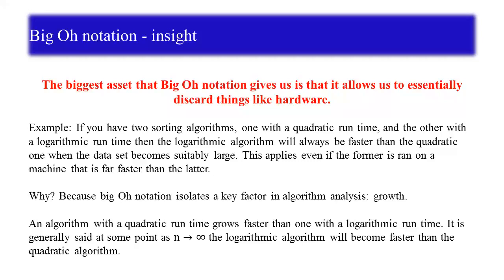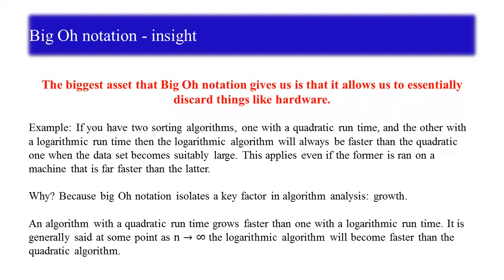Whether I use this hardware or that hardware, my big O notation is not going to change. The function you compute for the complexity class is not going to depend upon the hardware components.